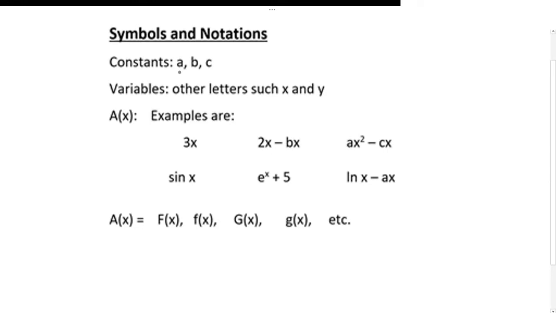The letters A, B, and C are used to denote constants, while the other letters are used to denote variables, such as X and Y. For algebraic expressions, A(x) denotes an algebraic expression containing only variable X. 6 examples are given here.